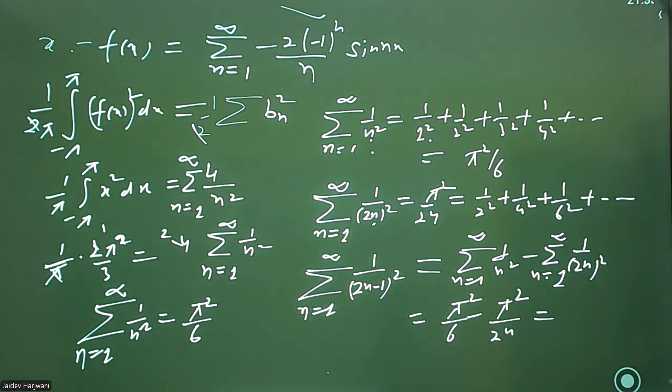If I solve this, taking 24 as the LCM, 4 pi square minus pi square gives 3 pi square upon 24, which is equal to pi square by 8.